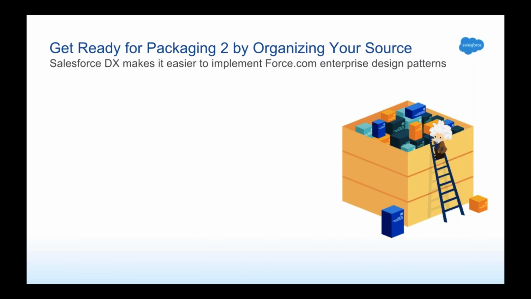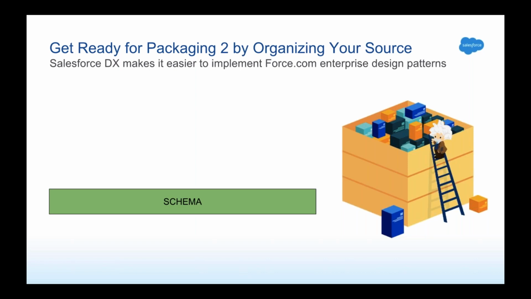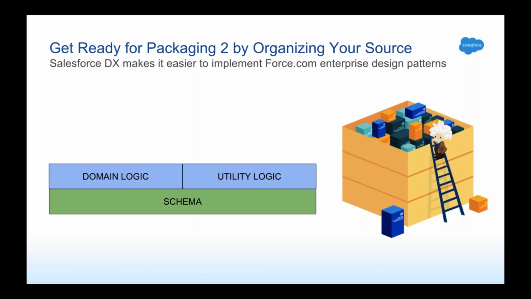And here's our recommendation. You should try to segment things based on Force.com enterprise design patterns. So if we look at what's in your code, everybody's got schema, right? Hopefully you've got some domain logic and utility logic that sits on top of that schema.